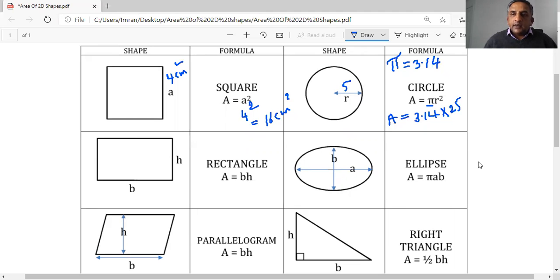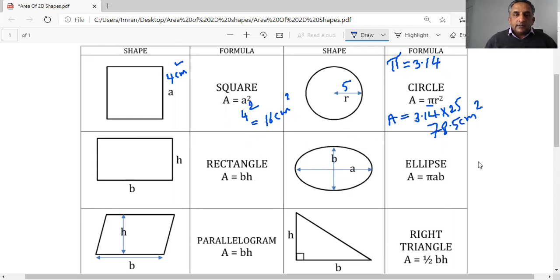So you can just multiply 3.14 with 25 in this question, and you'll get the answer, which will be 78.5 centimeter square. Remember, this is area, so it will be centimeter square.